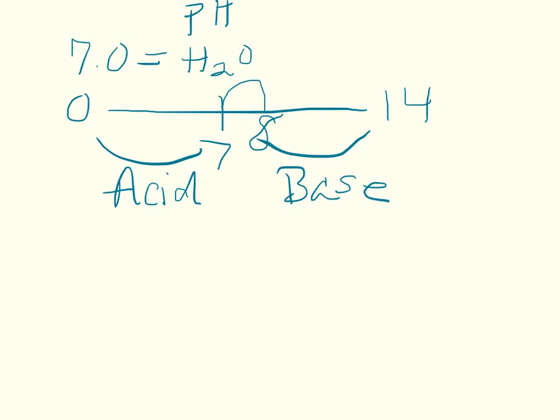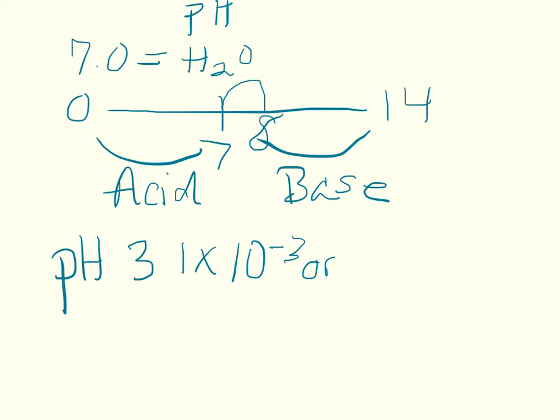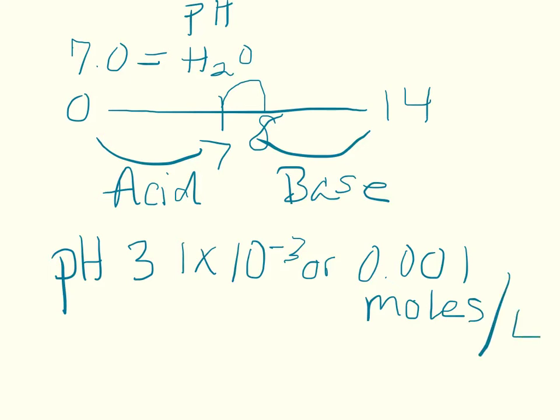So if you have a pH of 3, then you have 1 times 10 to the minus 3, or 0.001 moles per liter of hydrogen ions in solution.